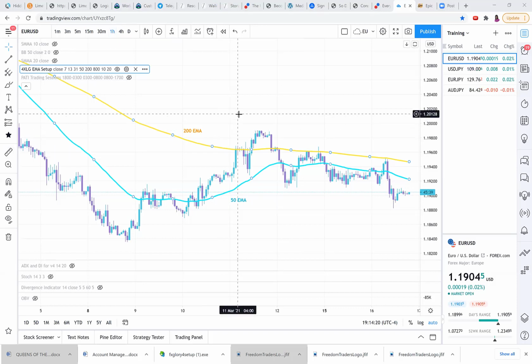We all recommend that you have a couple of pairs that you choose to study. It's fine to just have one. Sometimes your one pair may be in heavy consolidation and you may not see a trade all day because it's in consolidation. So in cases like that, it's great to have another pair that you can pull up and maybe see some more action.